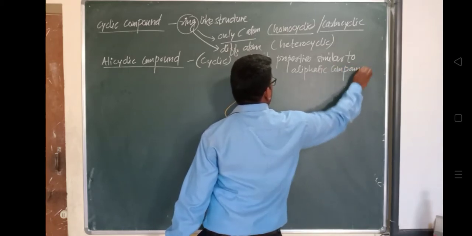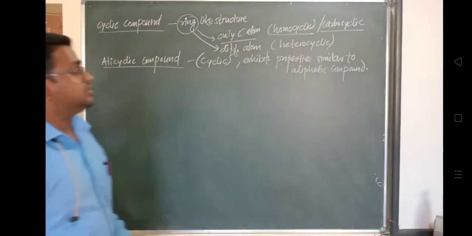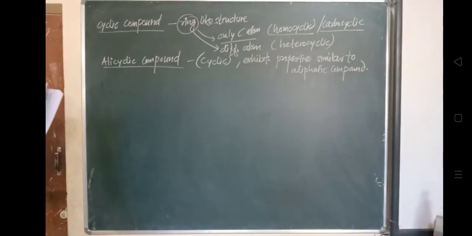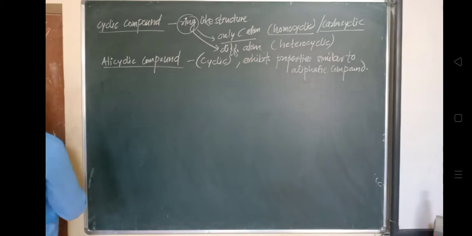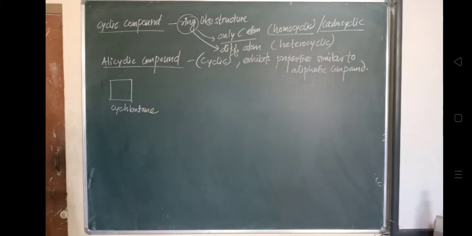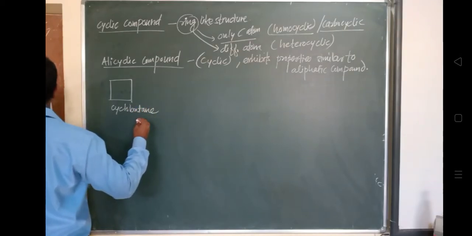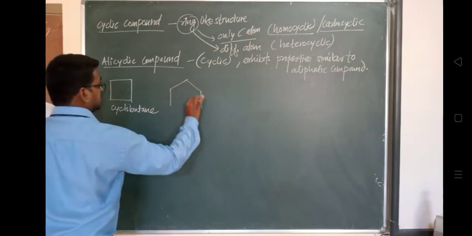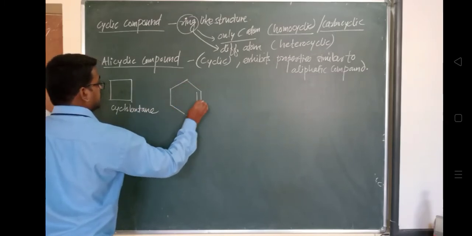So it exhibits properties similar to the aliphatic compounds. Cyclobutane and cyclohexene are examples of it. So look at this, cyclobutane, then cyclohexene. So this is cyclohexene.